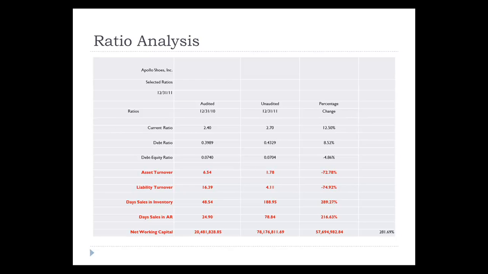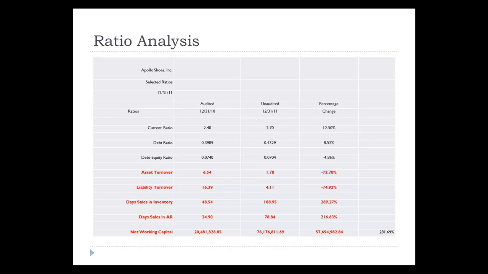You would want to evaluate whether that makes sense given what you've learned from your engagement planning and the board of director minutes. You know there have been some changes in their liabilities, and they increased their debt.